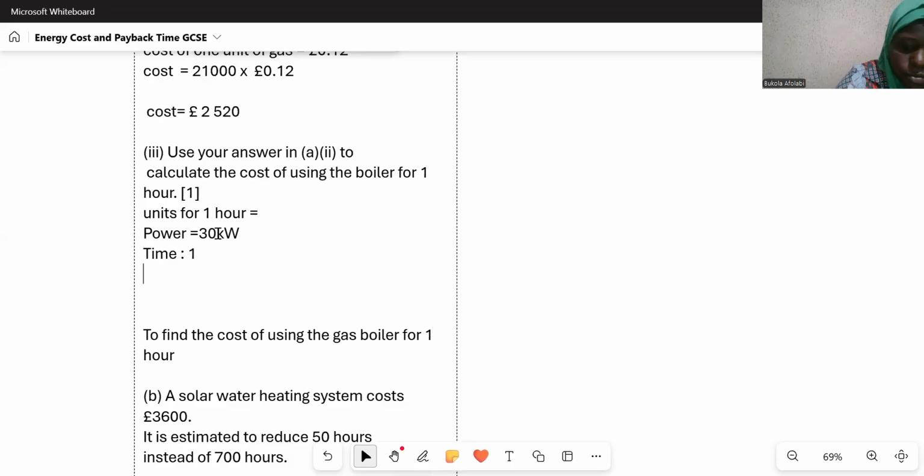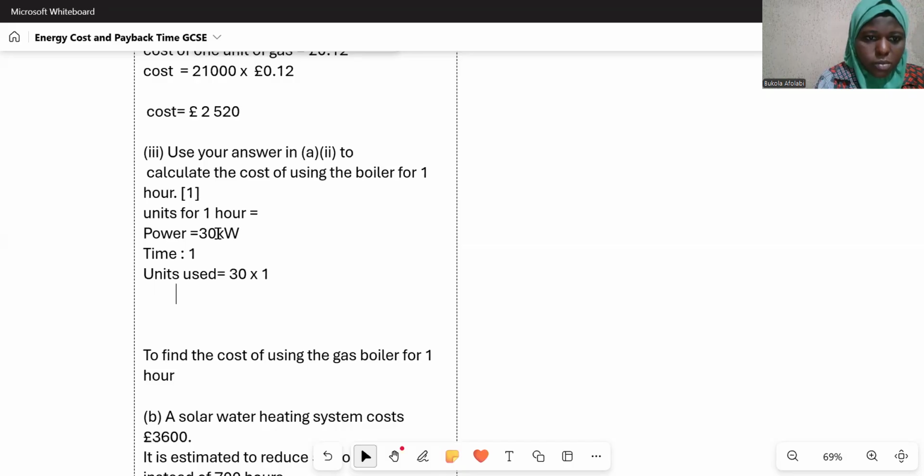So the units used equals 30 multiplied by 1, which equals 30 kilowatt hours.